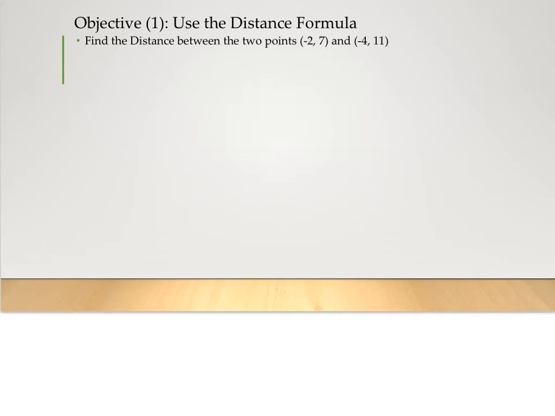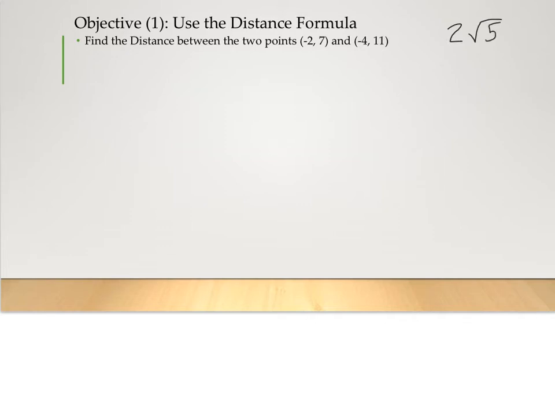So hit the pause button. Try to work this problem using the distance formula and see what you get. The answer should be, you should have gotten 2 square root of 5.